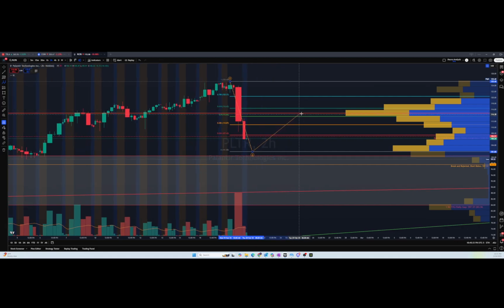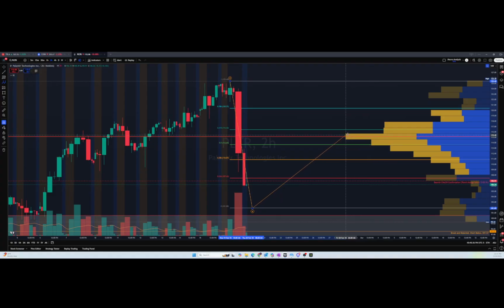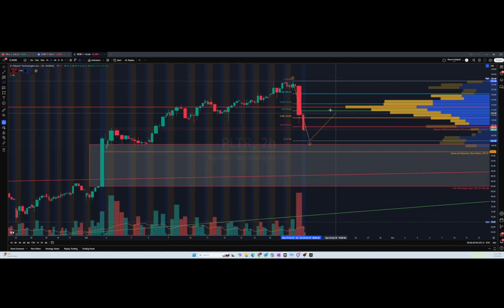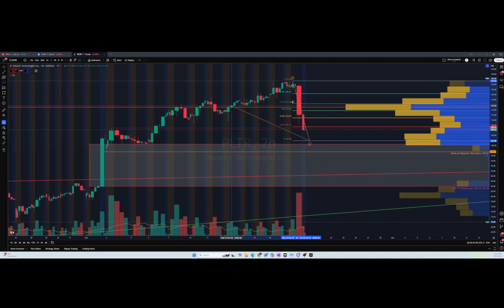Why here? Because you have that major volume shelf right here as well, which would be a difficult spot to get over, that 116. So you may see something like this where the price comes down and fills this gap, or it comes to the bottom of this volume shelf, 81 right over here.